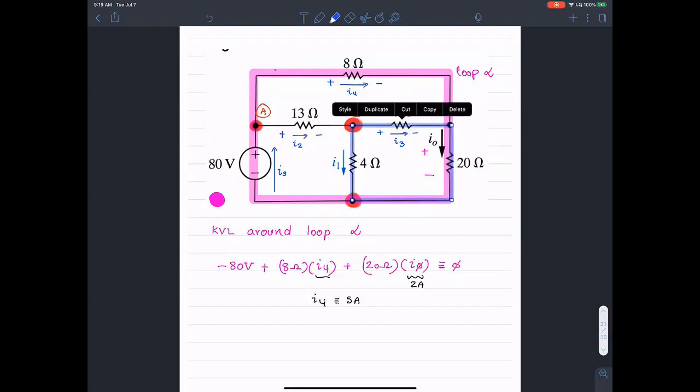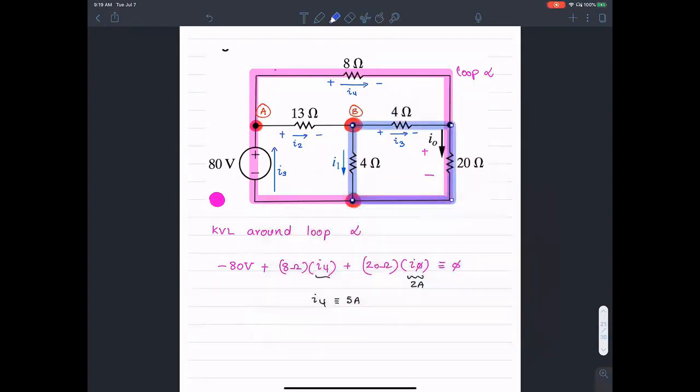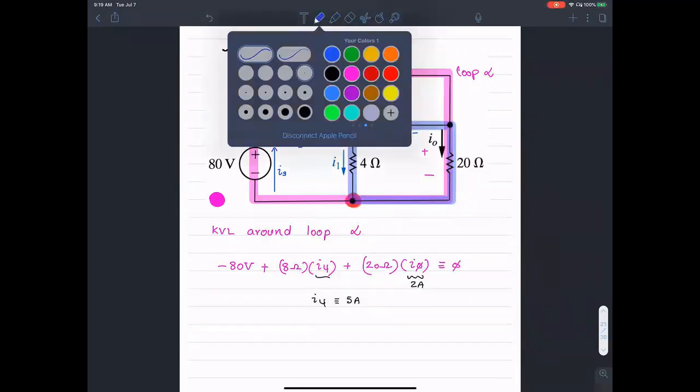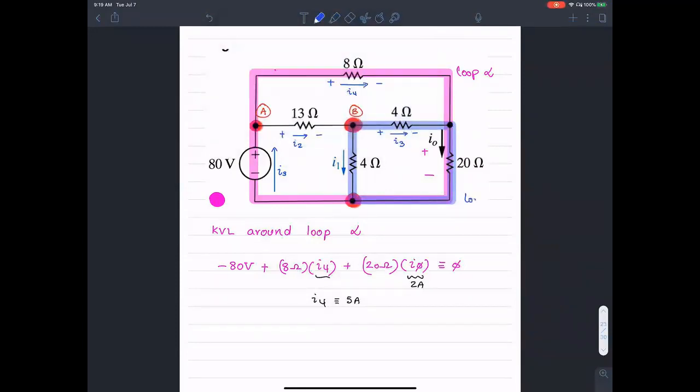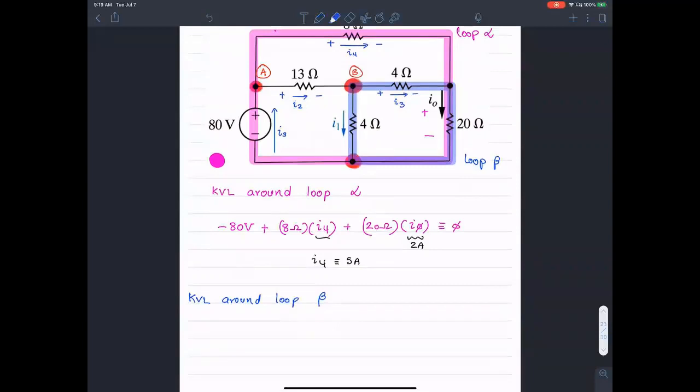Let me call this loop beta. Let's apply KVL around loop beta.